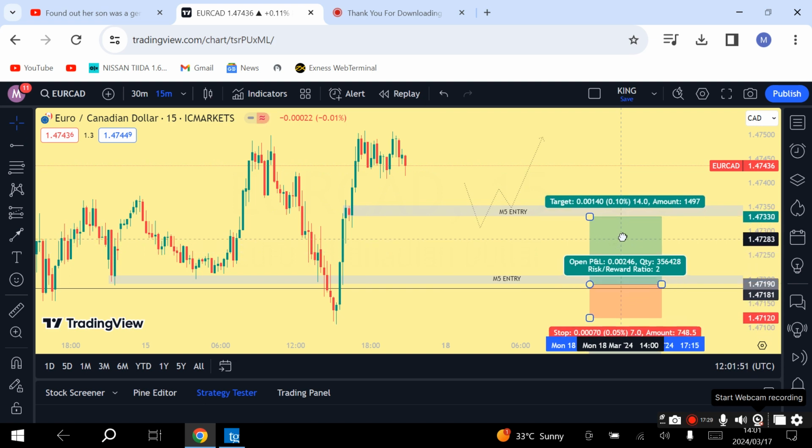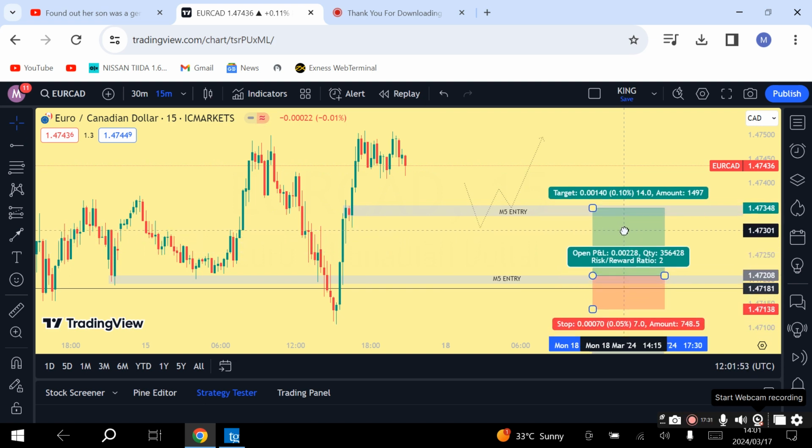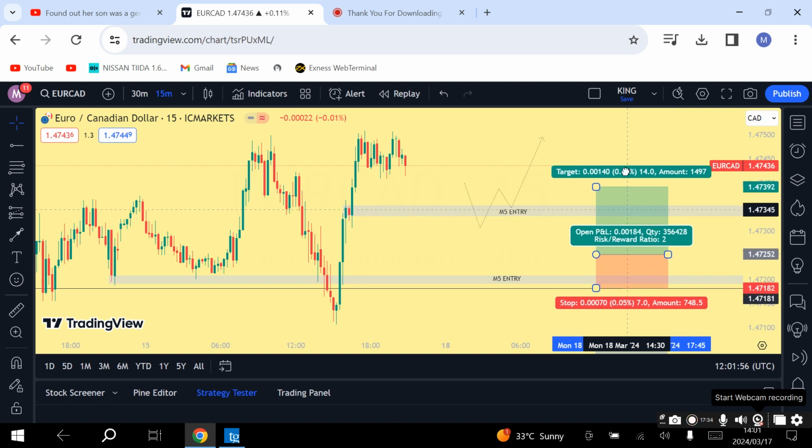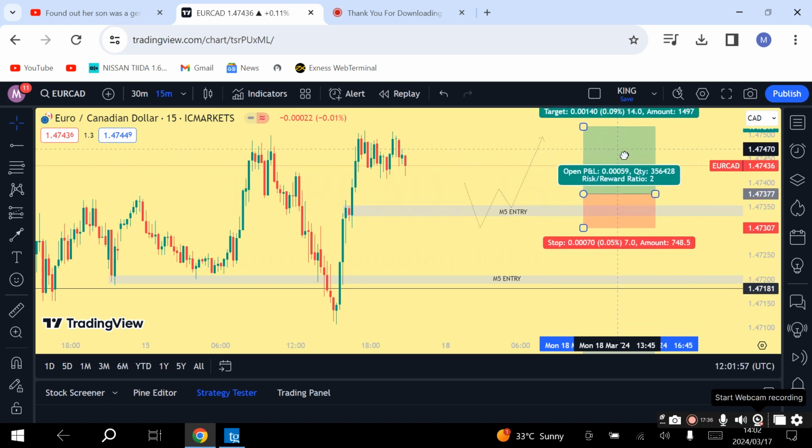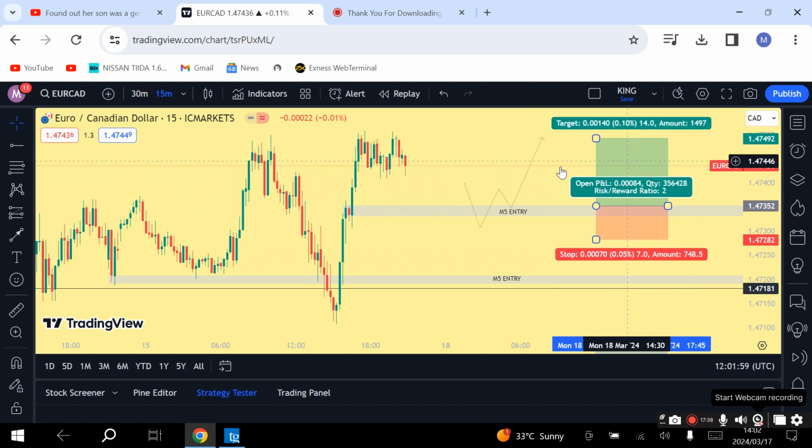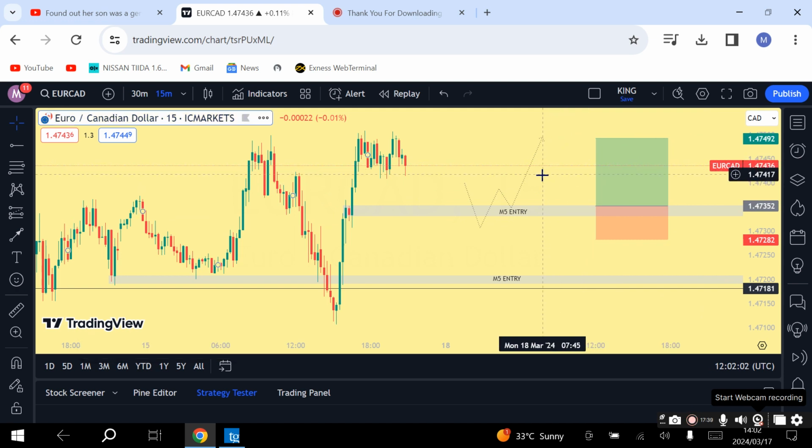Price pushes below here, 1:2 RR. What I am trying to show you guys here is I'm going to be looking at multiple entries for EuroCAD, only if the market obeys my structural areas.